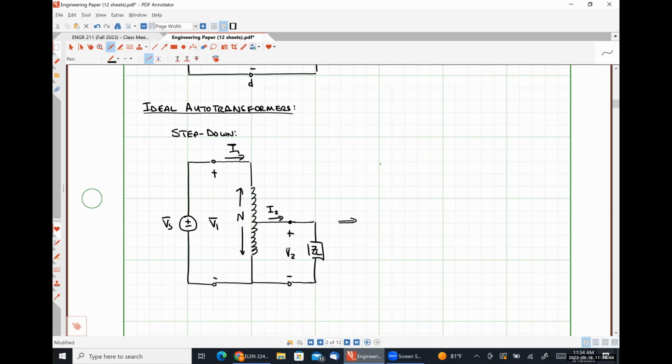So how we are going to approach the autotransformer is as follows. Effectively going to be practically the same diagram, except that we are going to split our coils.